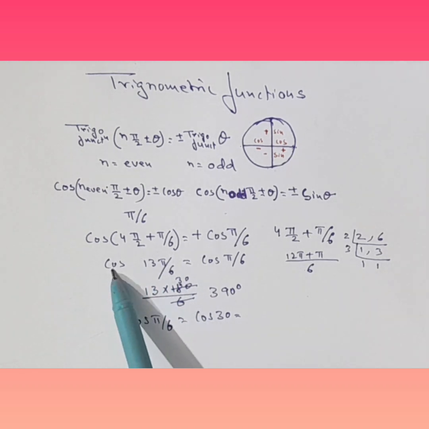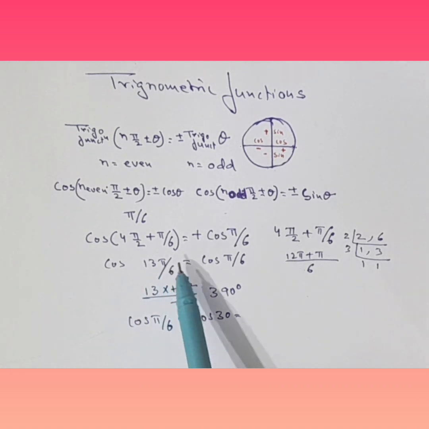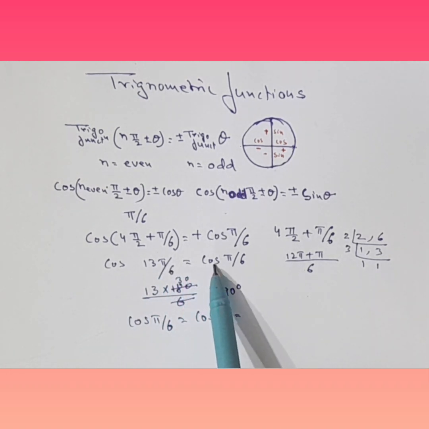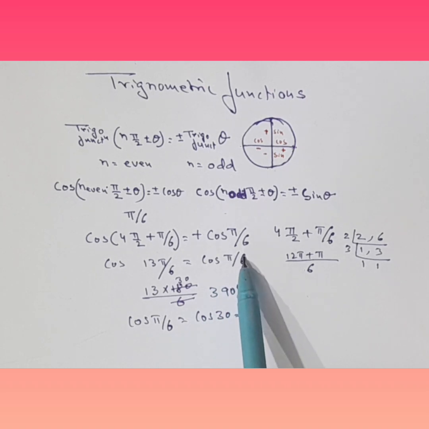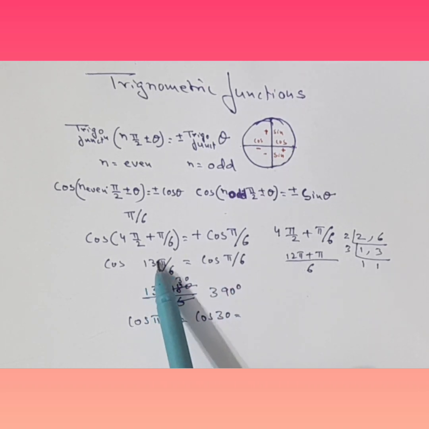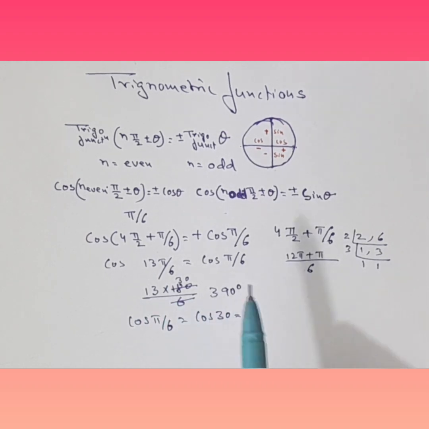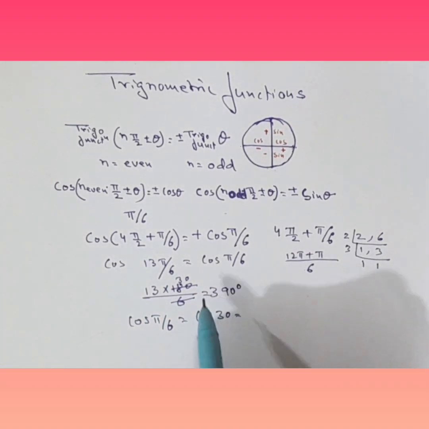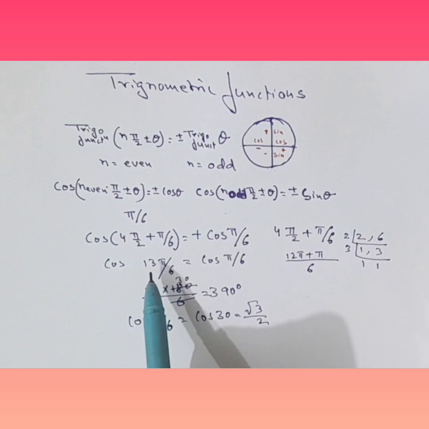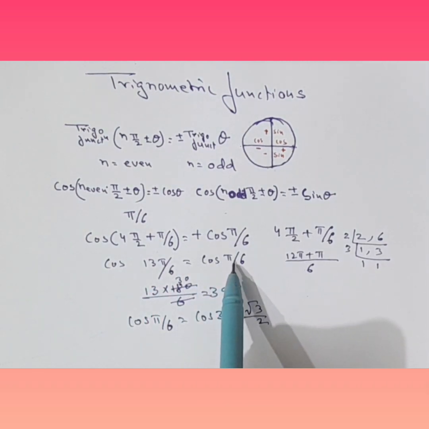So we are talking about cos 13 pi by 6, which would also be equal to cos pi by 6. 13 pi by 6 is what? 13 into 180 divided by 6, that comes to 390 degree. And cos 30 is what? Root 3 by 2. So this as well as this both have value root 3 by 2.